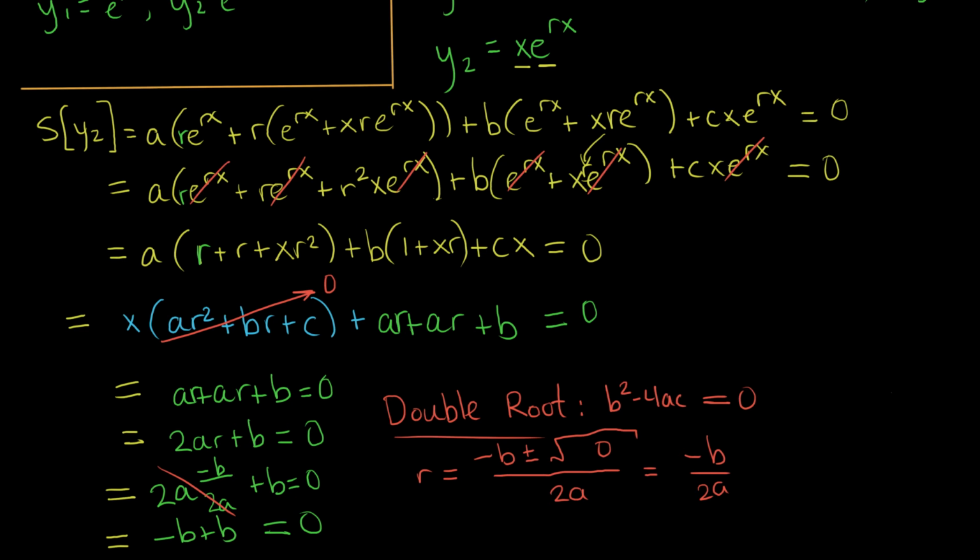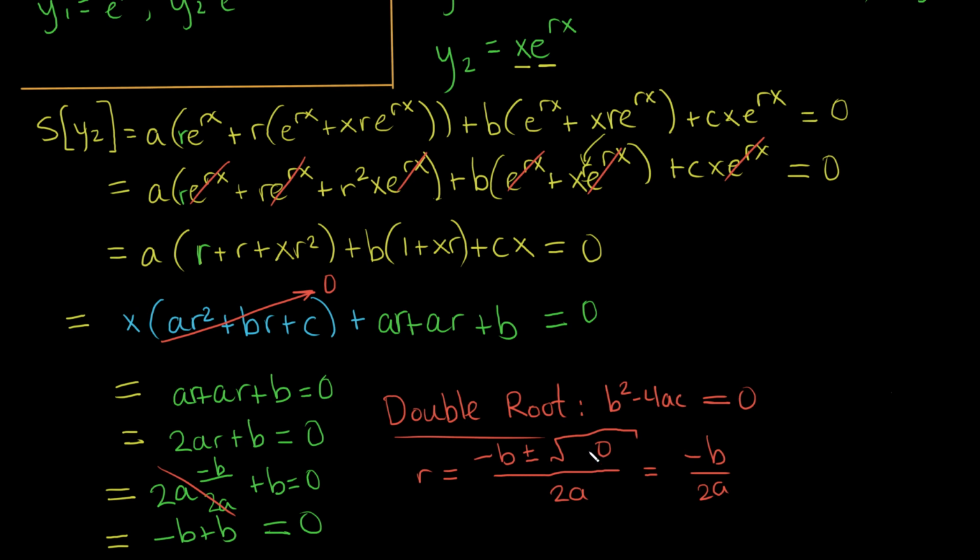And negative b plus b always equals 0. So we end up getting this really nice cancellation. It's a simple manipulation of our original solution, but it's not one that you might expect out of the blue. But we indeed prove that if you plug it in, it is a valid solution because r is a double root.